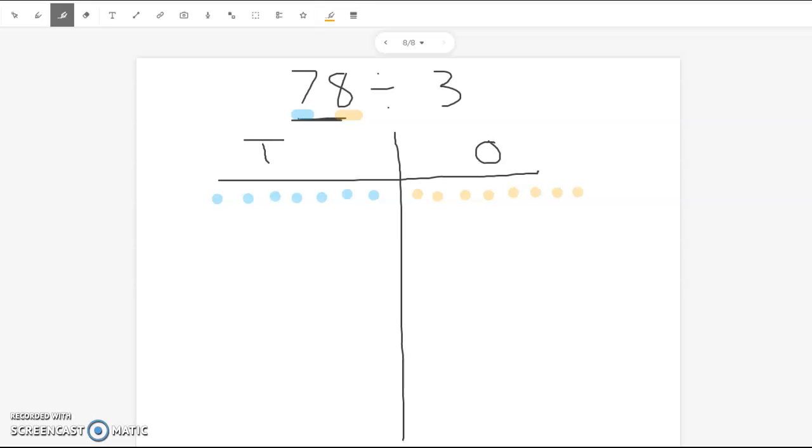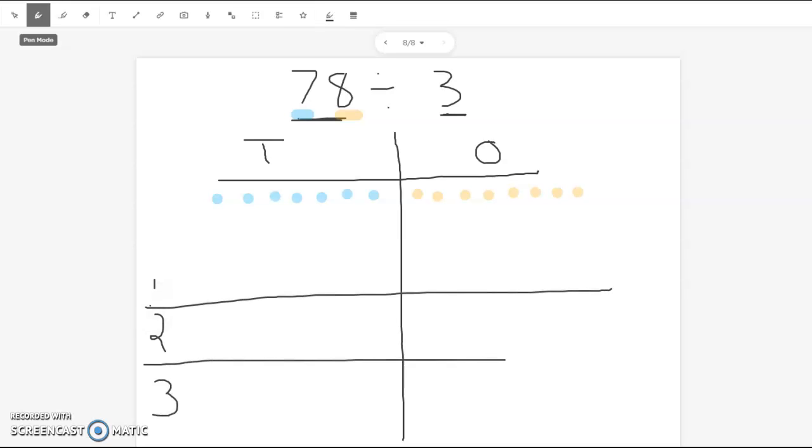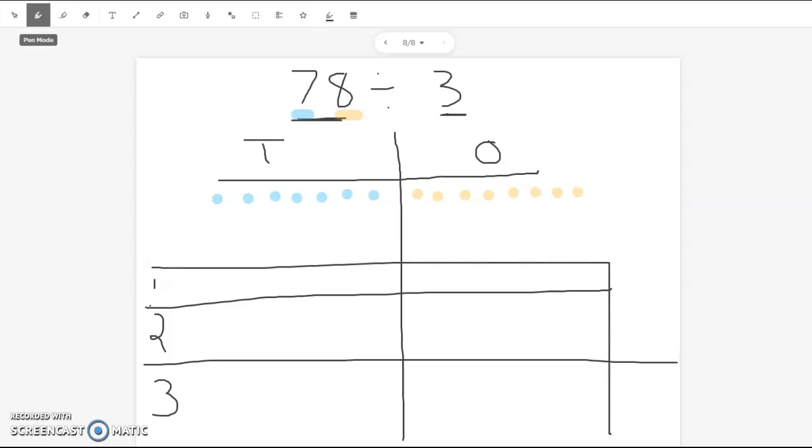So what I'm going to do now is I'm going to make my 3 rows because I'm dividing into 3 groups. So I'm dividing into 1, 2, 3 rows. And I'm going to take my dots and divide them up into each row until I can't anymore.